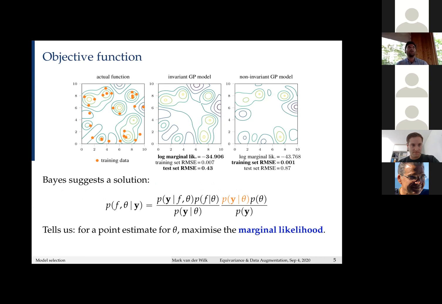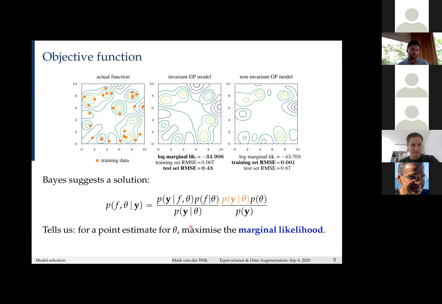Well, I don't want to go through the full background of the Bayesian paradigm, but this problem is fairly well studied in Bayesian statistics, and Bayesian inference essentially suggests a particular procedure and an objective function to us.